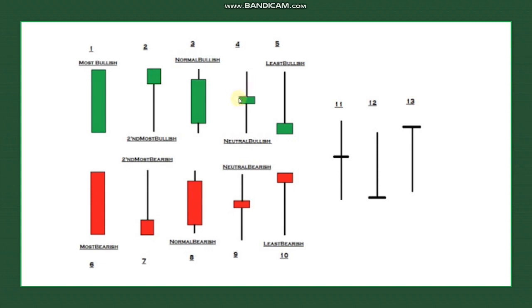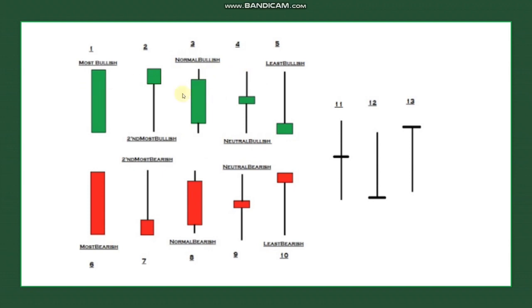So it's a tug of war. As the color of the body is green, buyers are slightly in a better position, but it's still an indecision type of market. Though it is mentioned here as neutral bullish, I'll say be cautious.